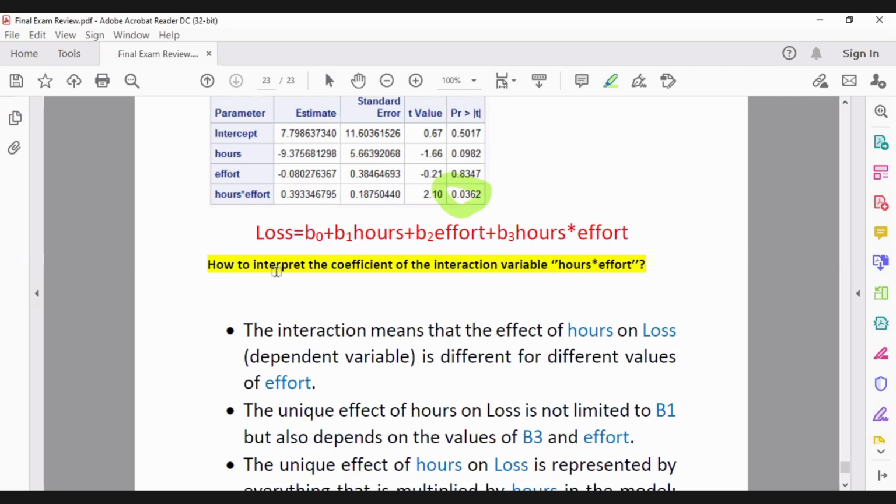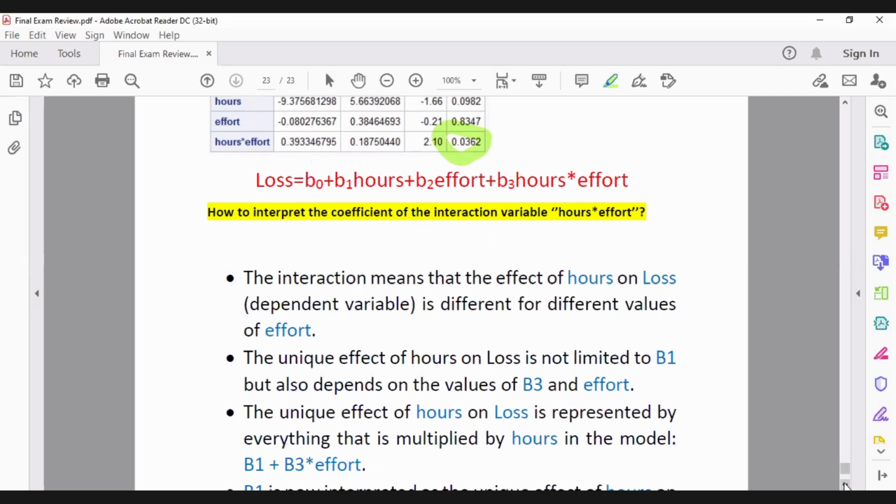Now, how to interpret the coefficient of the interaction variable hours by efforts? Interaction means that the effect of hours on loss is different for different values of efforts. So for each value of effort, we got a different impact of hours on loss.